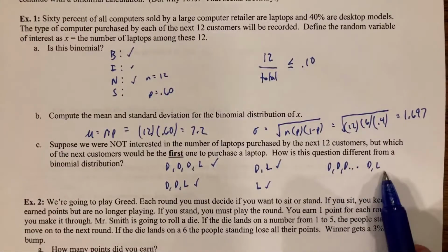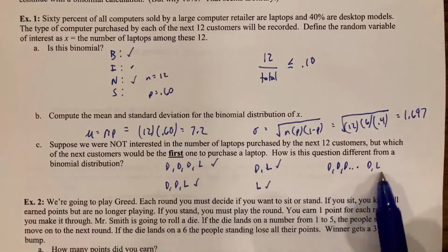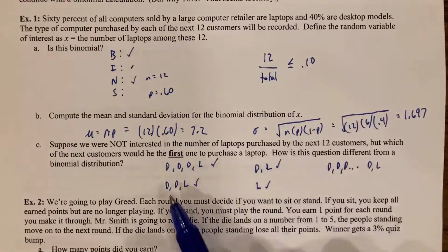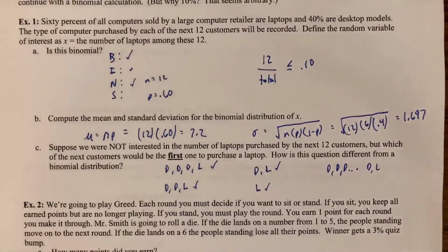That could be 12, but it's not guaranteed to be 12. In fact, it would be highly unlikely. More than likely, you'd probably draw maybe 1 before you get a laptop, maybe 2 before you get a laptop. So how do we run this probability? Well, this is called a geometric distribution.